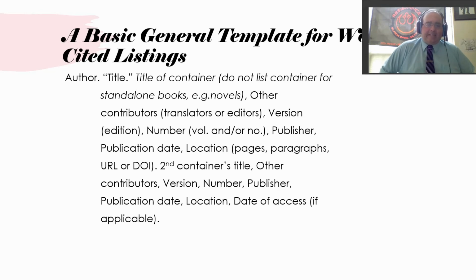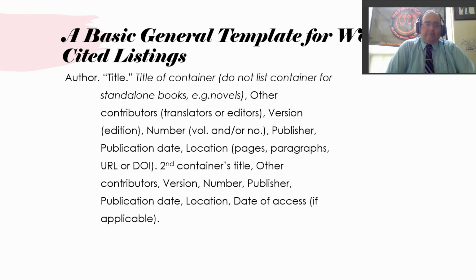Then you have the second container's title. I made a mistake here where that second container's title should also be in italics. Follow that with, for the second container, other contributors, version, number, publisher, publication date, location. And then following that, if applicable for electronic sources, the date of access.